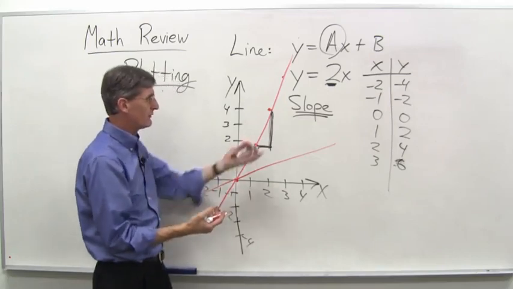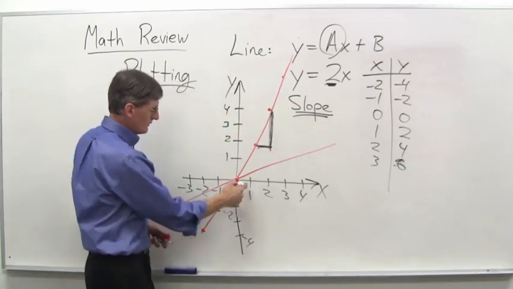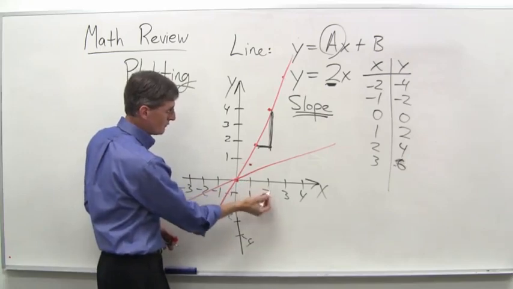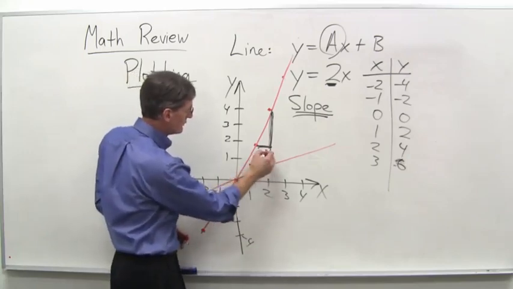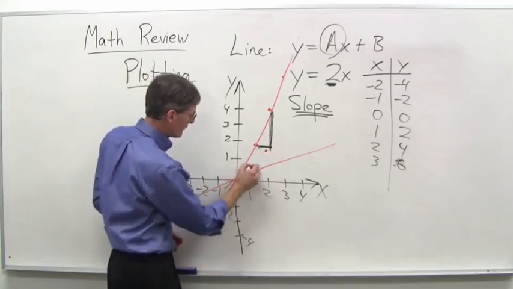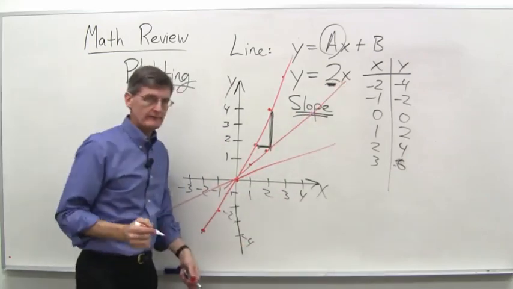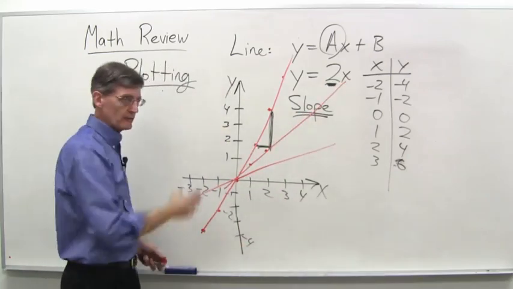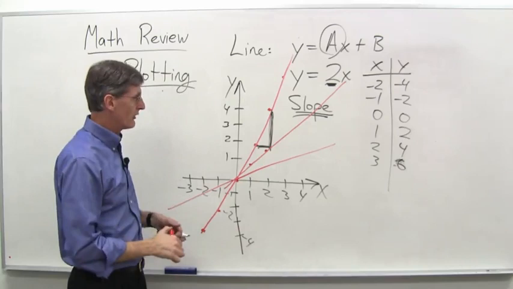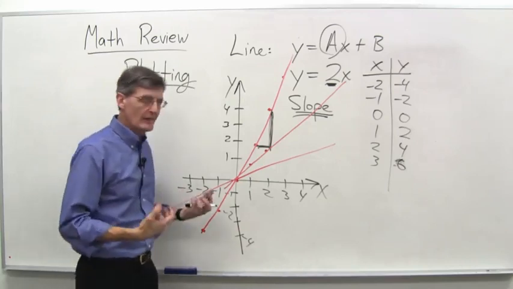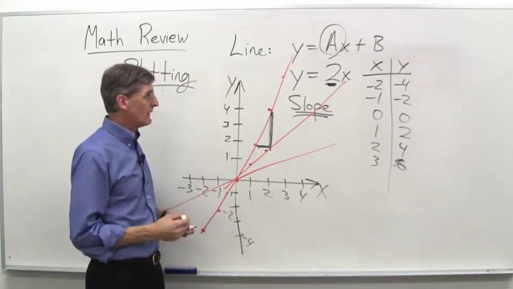So a slope of 1, if it was just y equals x, plotting 1, 1, when x equals 2, y equals 2, and so on and so forth. And so we get a line right down the center there, right, 45-degree angle, splitting the center of those other two. So that's the slope of a line.